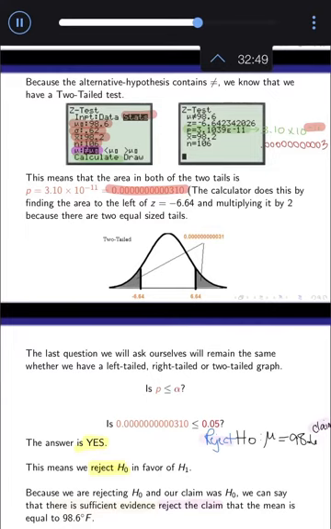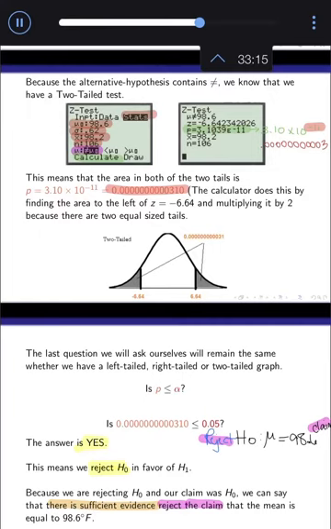So what that means is we can say that there is actually sufficient evidence to do something, because we're not failing to do anything. We're actually doing something here. So there is sufficient evidence to do what? Well, we're going to reject H naught, which is also our claim. So we're rejecting the claim that the mean is equal to 98.6.